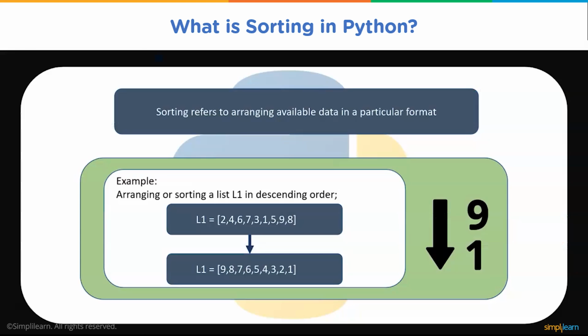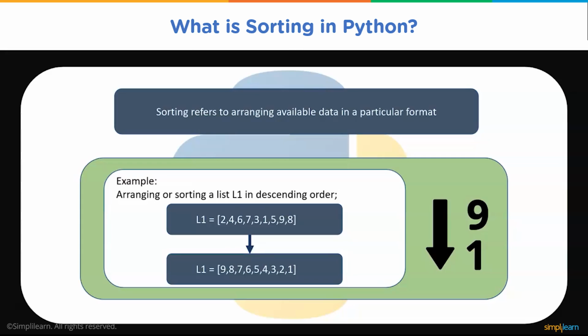What is sorting? Sorting refers to arranging available data in a particular format. So typically, when you have data in a non-sorted order, generally there is a requirement in any algorithm where you would require the data to be organized either in ascending or descending order.